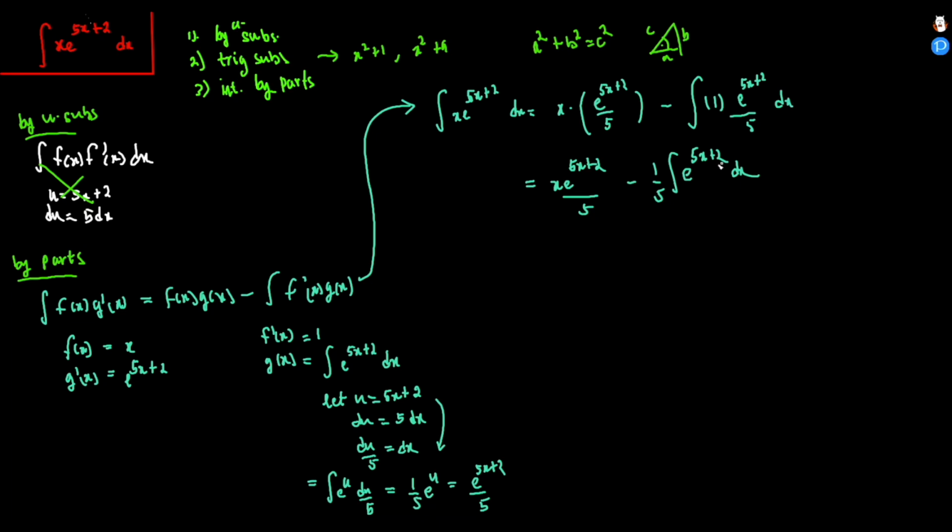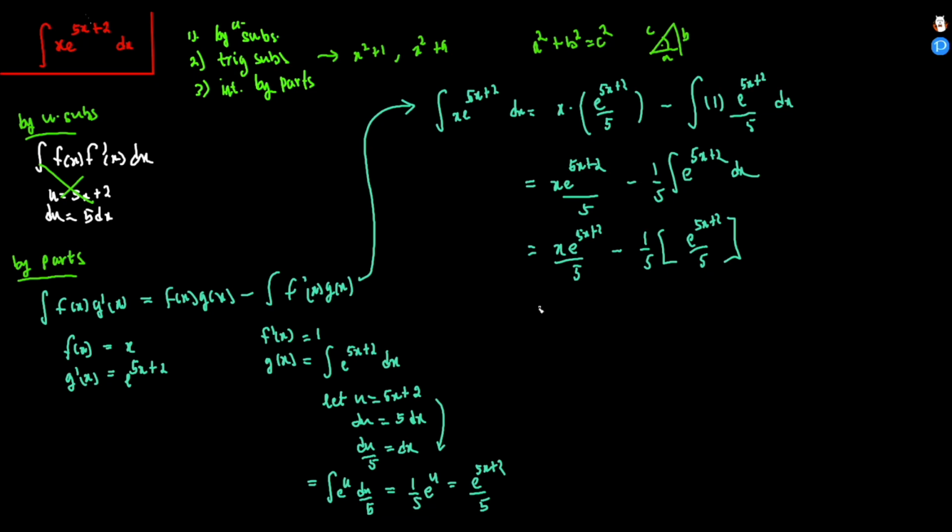We already did this integration, it's the exact same thing. So this is just going to be x e to the 5x plus 2 over 5 minus 1/5 times e to the 5x plus 2 over 5.